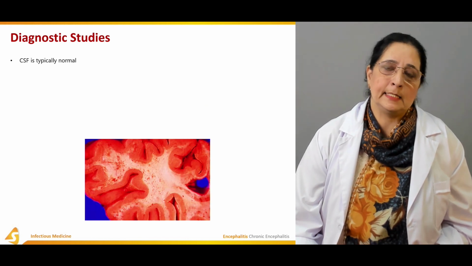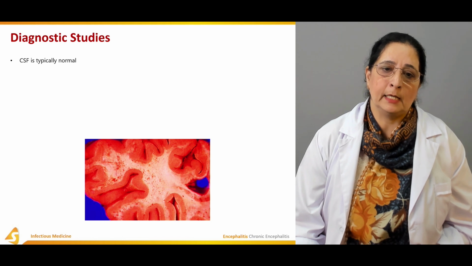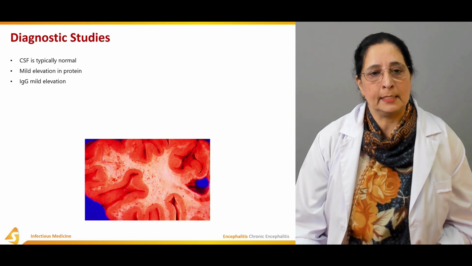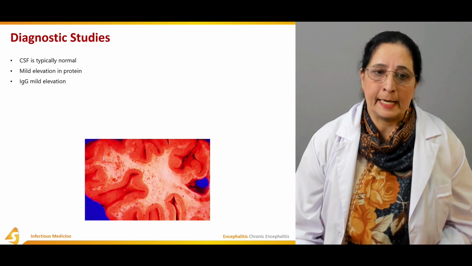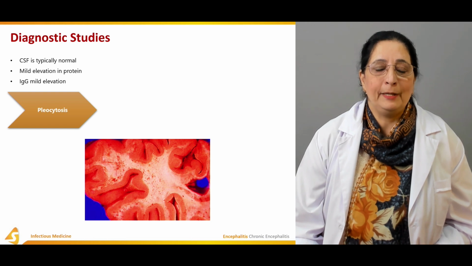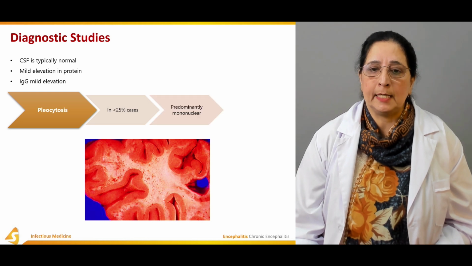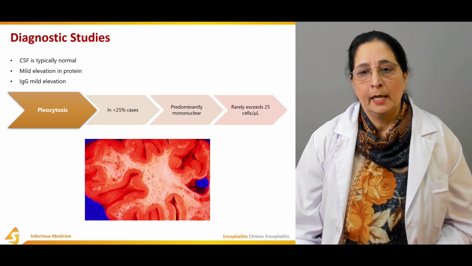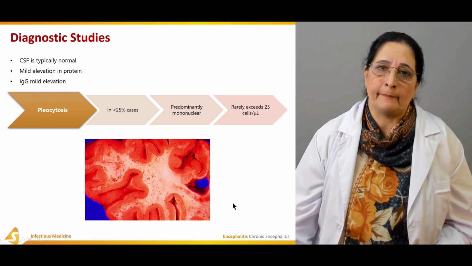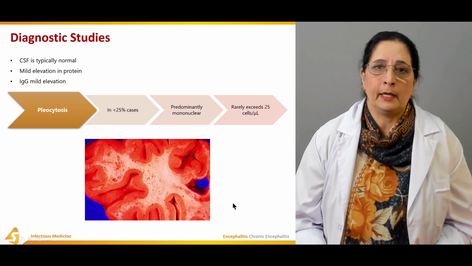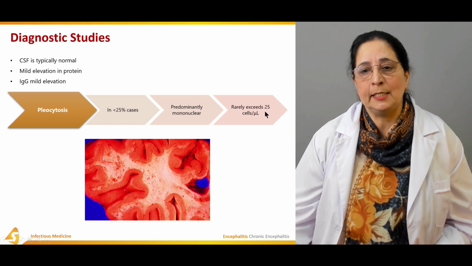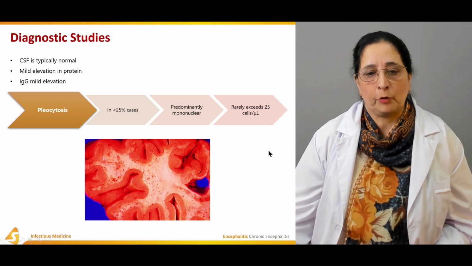Next, the cerebrospinal fluid, CSF, is normal or shows a mild elevation of protein level. IgG is also mildly elevated. Pleocytosis is present in less than 25% of cases, predominantly mononuclear cells, and cells do not exceed 25 cells per microliter.